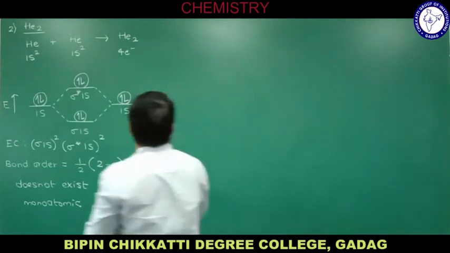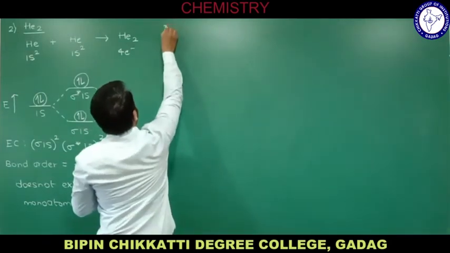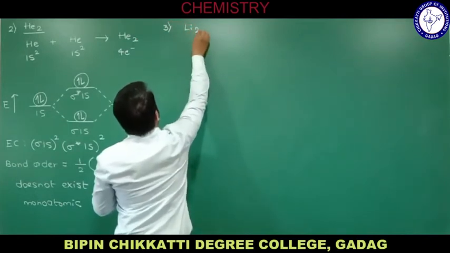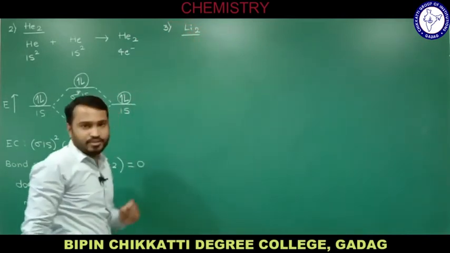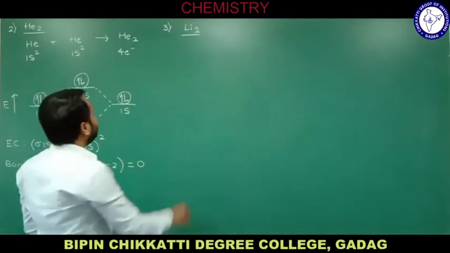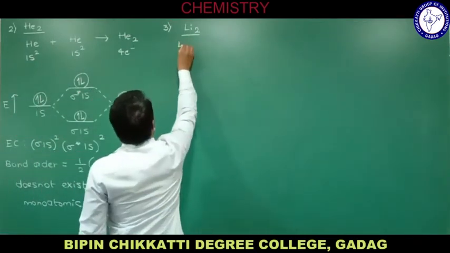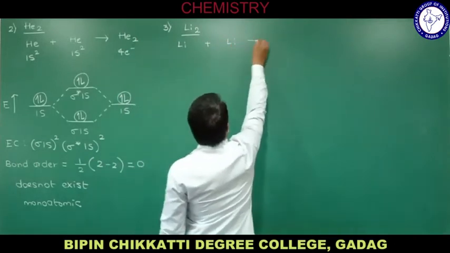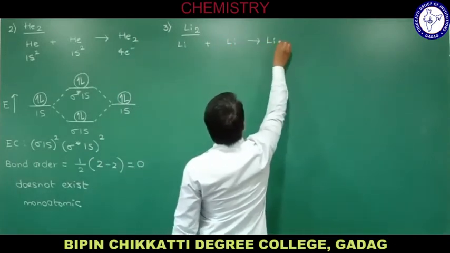One more example we'll see, the third one. In the third one, I am going to consider the example of Li2, lithium molecule, and we'll analyze the MOT of that. As we know, one lithium combines with one more lithium, we get lithium molecule.